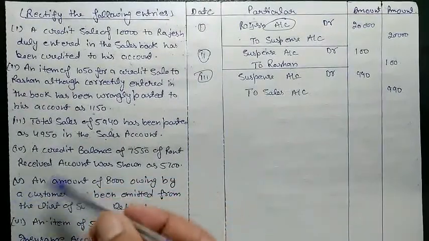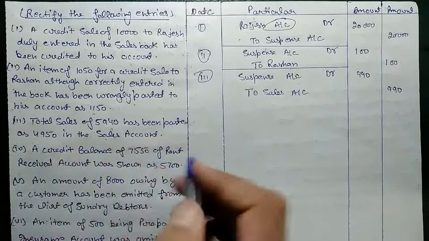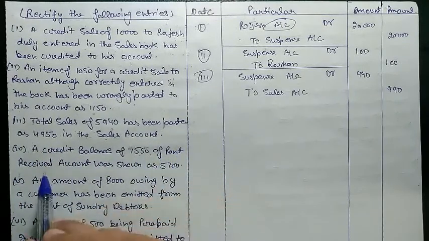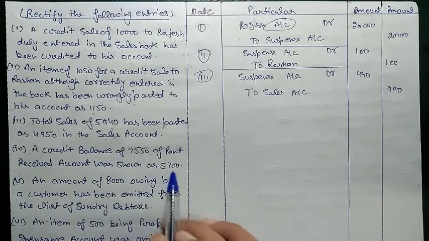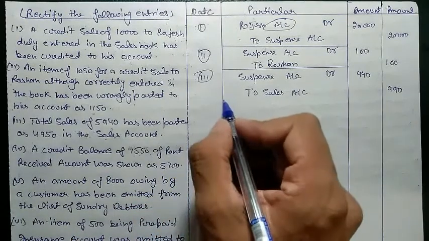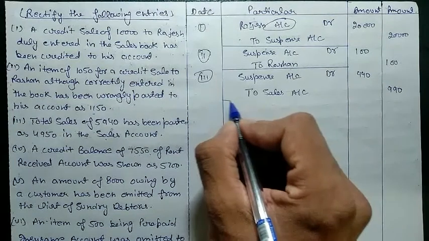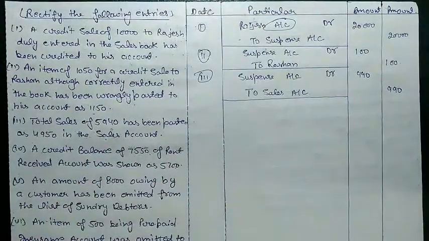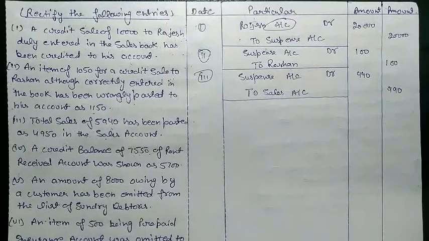Now the next entry is about a credit balance of 7550 of rent received account was shown as 5700. So there is another mistake that we made on receiving the rent. Credit balance of rent means rent received. So this is an income for us, and income always has a credit balance.